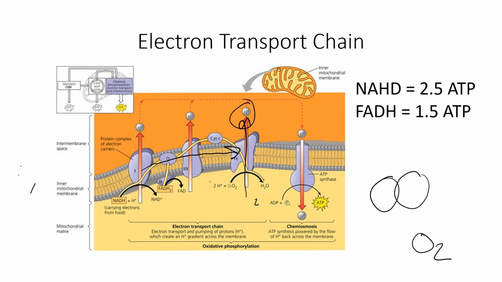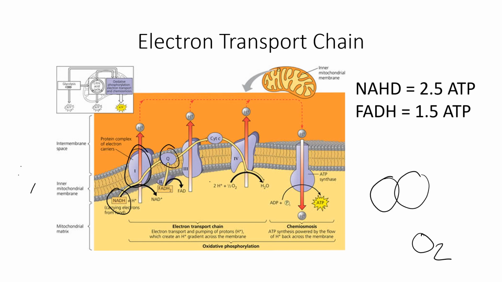And just to make a point, as you travel throughout the electron transport chain, each protein has a higher redox or reduction potential than the last. For example, complex 1 has a higher reduction potential than NADH. That's how complex 1 oxidizes NADH and becomes reduced.